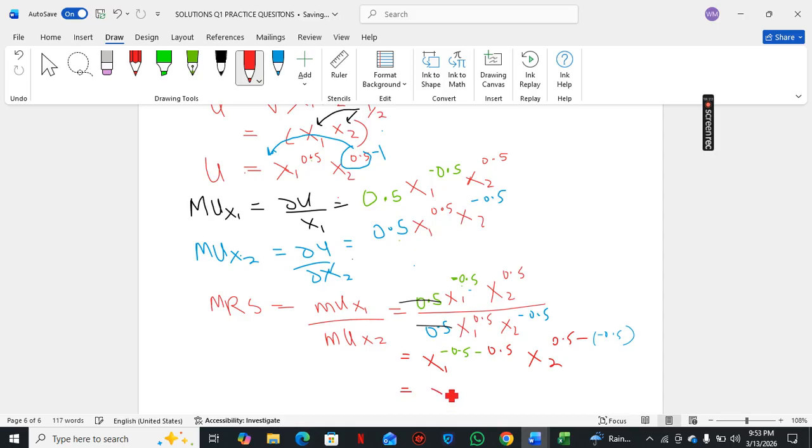So you have x1 to the power negative 1. 0.5 minus negative 0.5. Negative and negative make positive. 0.5 plus 0.5, that is 1. So you have x2 to the power 1.